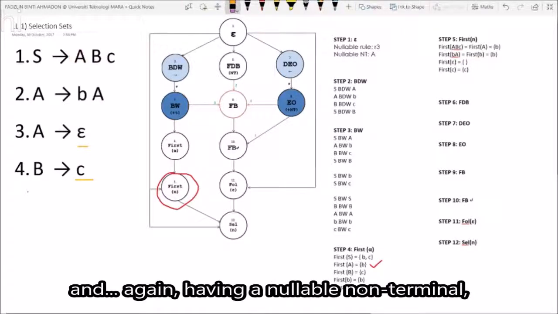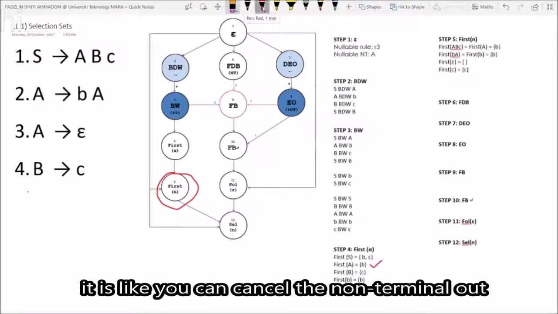And again, having a nullable non-terminal is like you can cancel the non-terminal out.